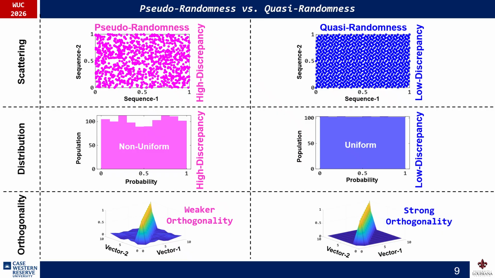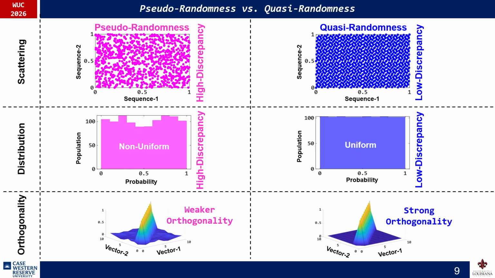Speaking of randomness, which we will exploit, we can also use quasi-randomness instead of pseudo-randomness, which is a well-known setting in stochastic computing. Here we see two examples, pseudo-randomness in pink and quasi-randomness in blue. By generating two different sequences separately and scattering them, we can see visually the difference between the pseudo and quasi settings. In quasi-randomness, we have a recurrent property and a more structured distribution of the sequences when we plot them.